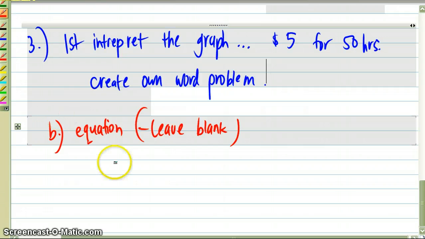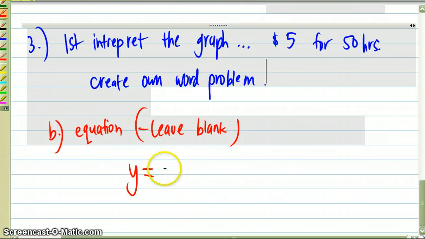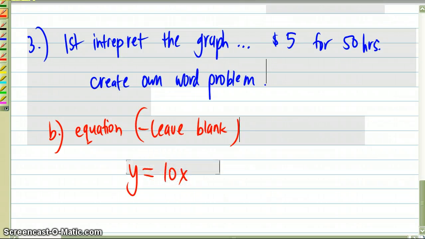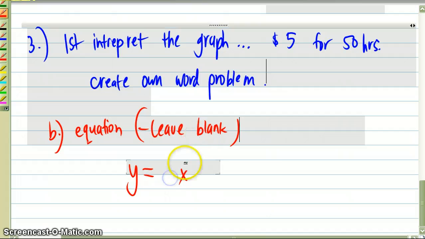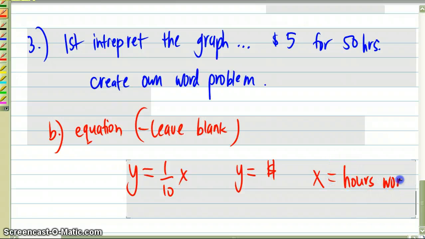The equation, if you're curious, is y equals 10x. Actually, 1 over 10x, meaning that y is the dollars that you get, and x is the hours that you work.